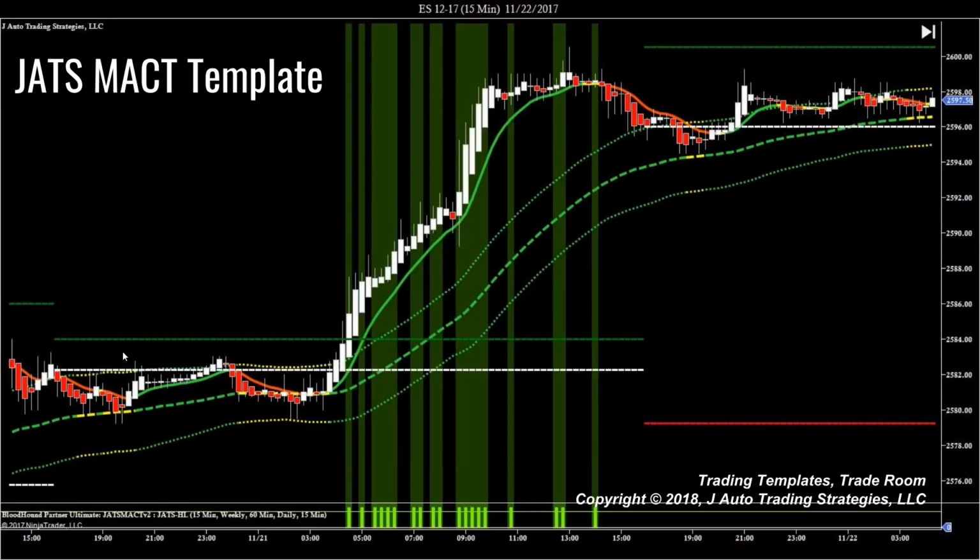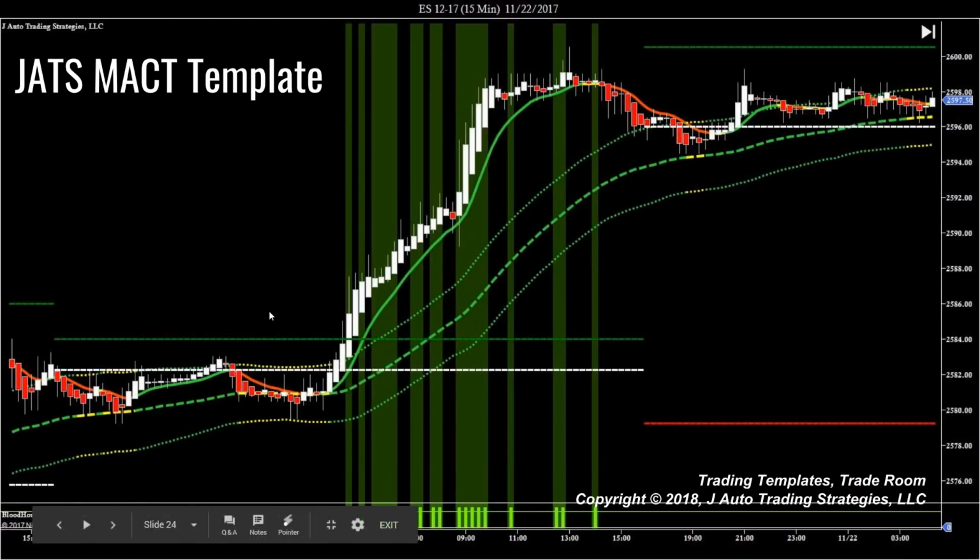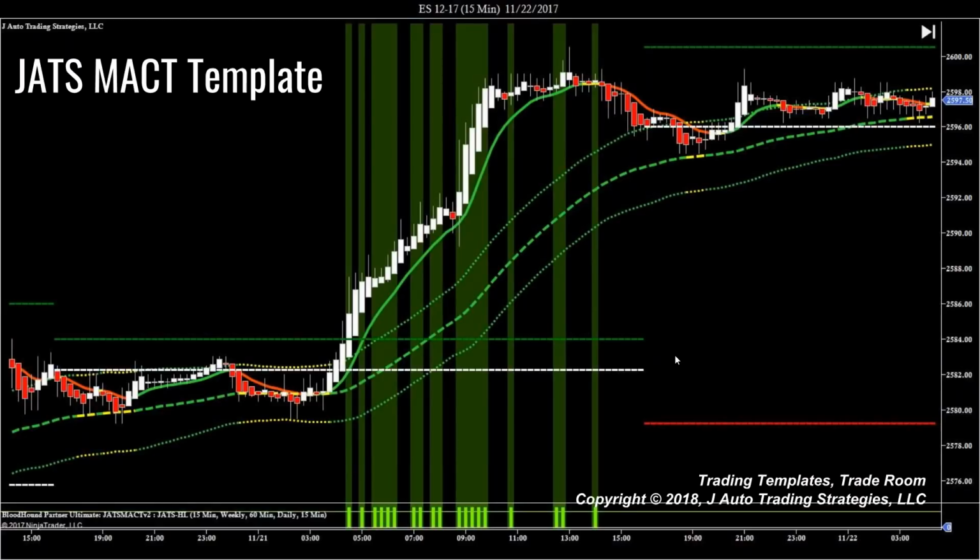Here we had a couple of prior day highs right here, breaking through and moving up and out of an area that is just like the nirvana perfect trade you would want to see. I mean, if you would ever want to visualize, what am I looking for in the market? That's it. And this is on my MACT template. It's my range solver. And that will automatically set up for you.